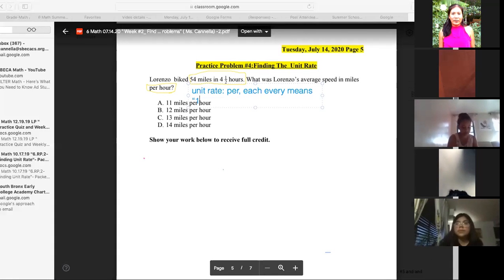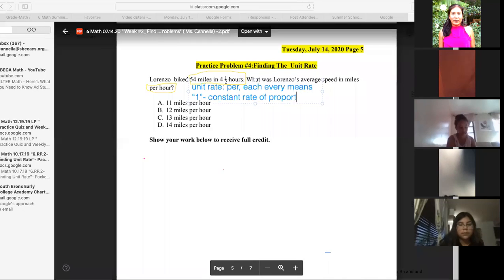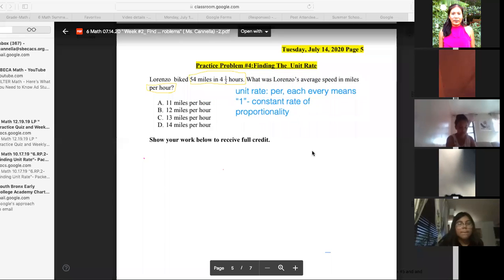Per, each, every means 1. You've got to know this. And now in 7th grade, it's called the constant rate of proportionality. We're going to write that down. That's the 7th grade word. It's the same concept, just a different terminology. So the constant rate of proportionality is the unit rate.